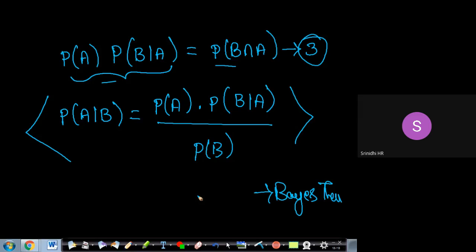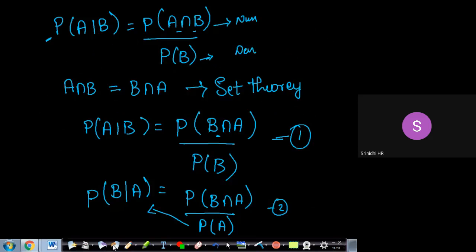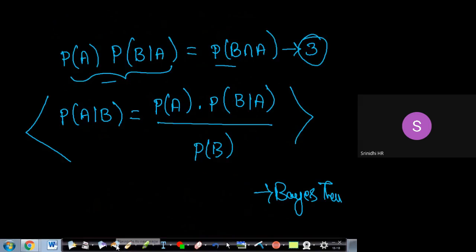Now, if you have any doubts in proving this theorem, you can just unmute. It's a simple theorem. I have used set theory. That's it. There is no change, no further assumptions or anything made here. I have just calculated in this way. Any doubts, you can just unmute yourself and ask.